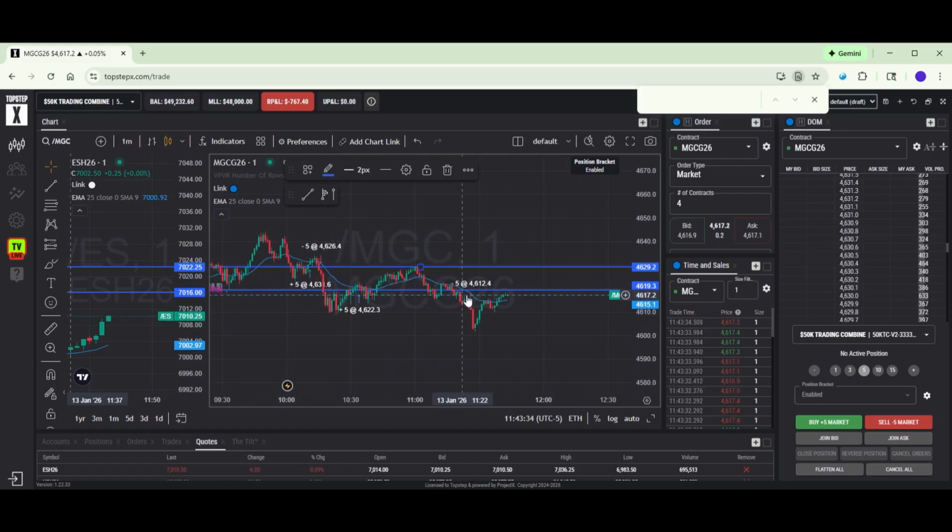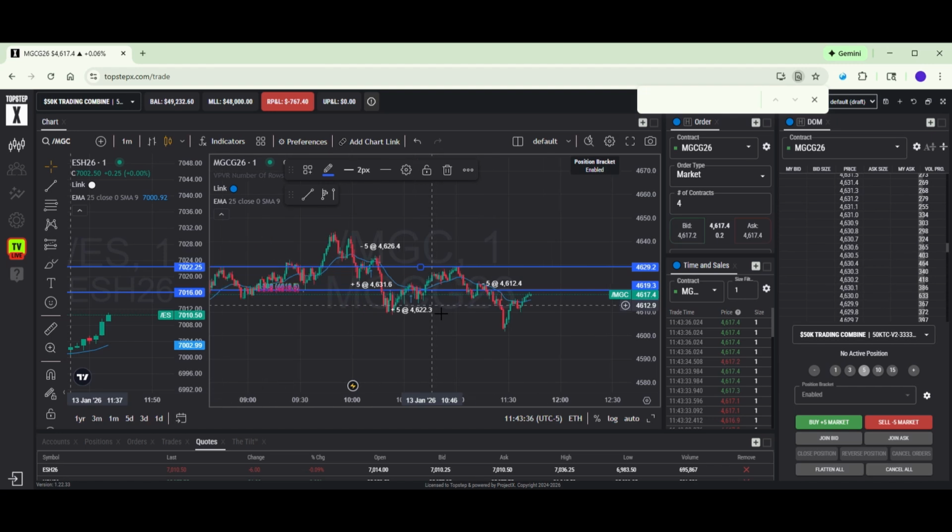I'll have to actually pay close attention to market structure as well, because we had a high, a lower high, a lower high, a lower high. We had 2 bottoms here, and I guess a lower high.